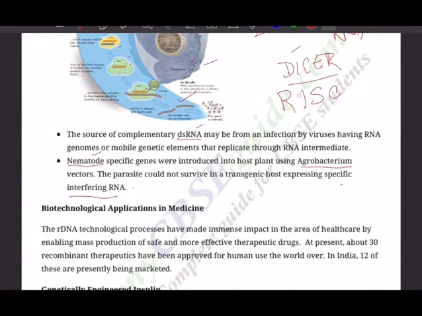Since mRNA of the parasite is destroyed, no proteins will be synthesized. So when the proteins are not synthesized, it results in the death of the nematode in the transgenic host. Thus the transgenic plant gets itself protected from the parasite. So overall, we are converting the enemy into no danger person by just silencing his mRNA. This is the overall concept.